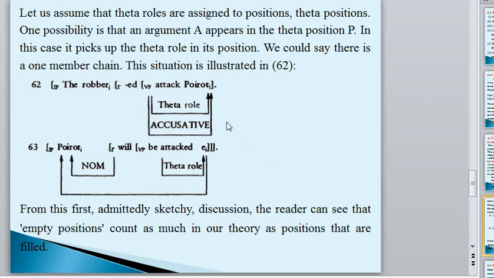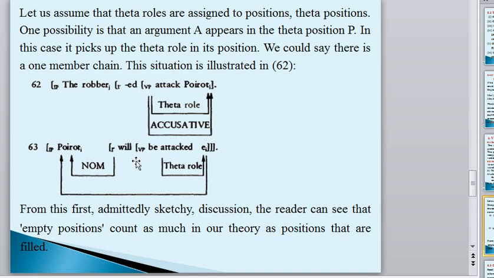This situation is illustrated in this example: The robber attacked Poirot. You see here the verb attack assigns a theta role to Poirot, and it can assign accusative case to Poirot because we have an active sentence here and there is no problem.